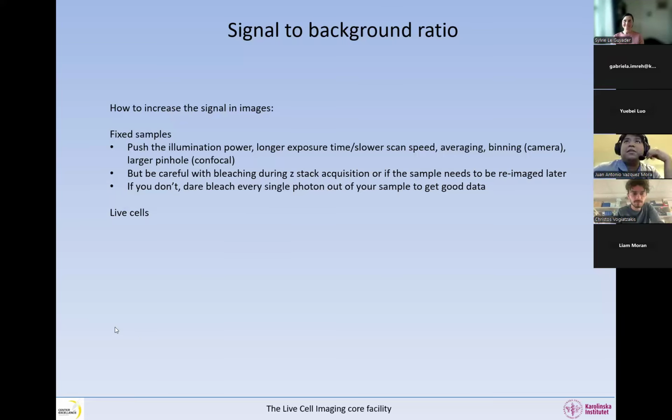I have one comment on that. I think this is super important because sometimes when you are doing the experiment, this happened to me. I helped in a paper quite a while ago, and then suddenly there was a question from one of the reviewers, and we had to go back and re-image those slides.